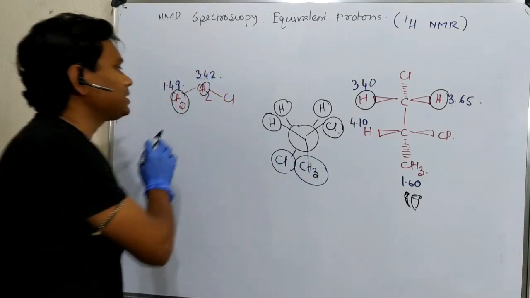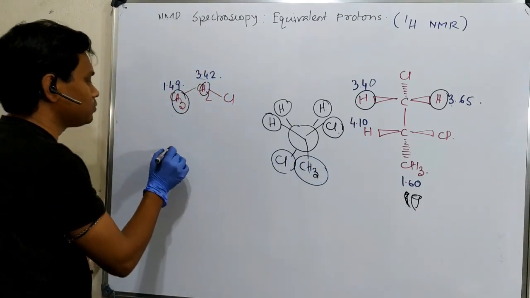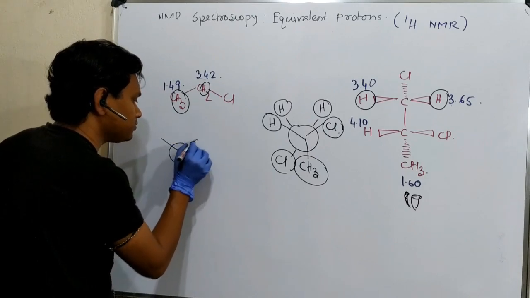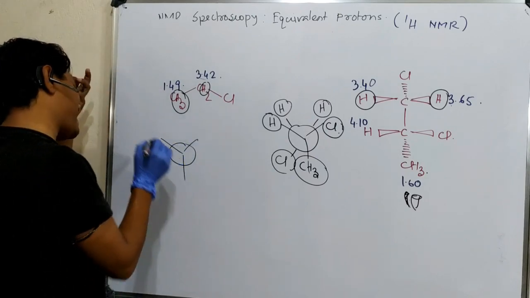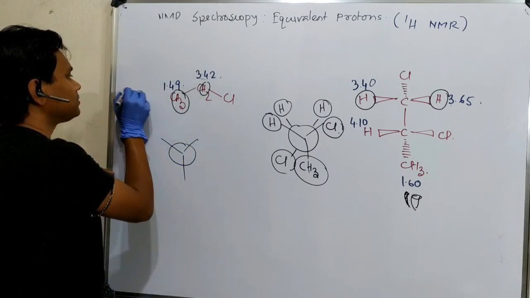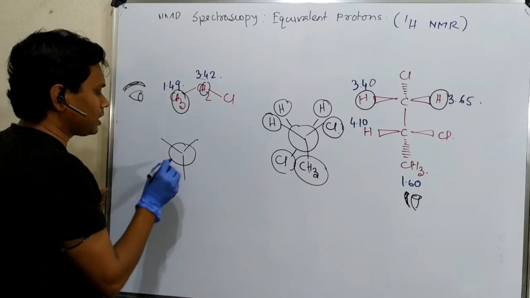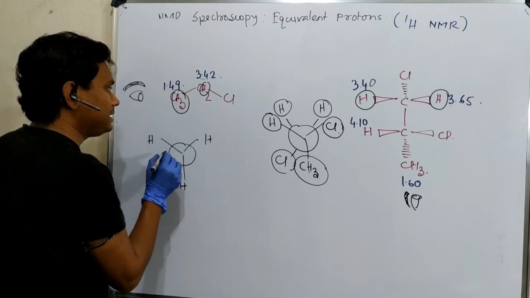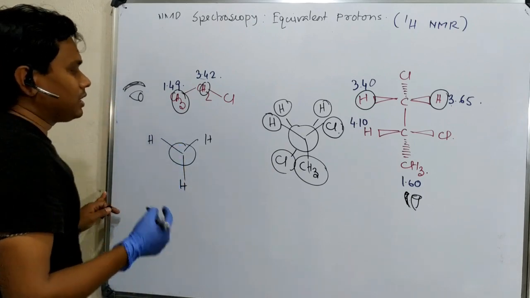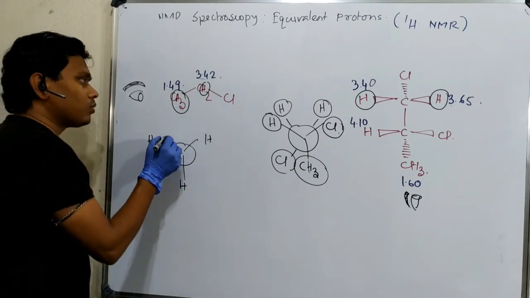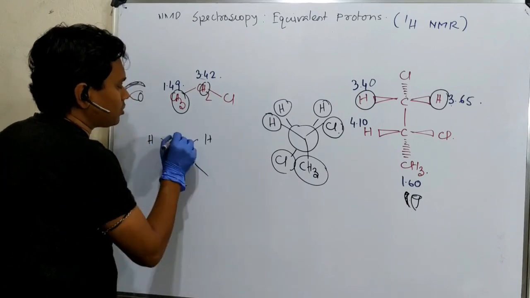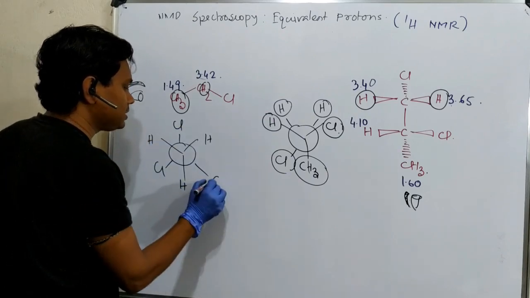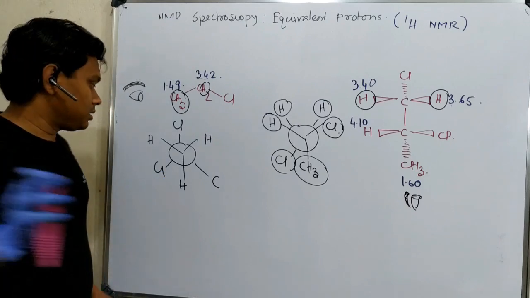Now the question: why not in the case of this? Let's draw this molecule. If I draw this molecule, I am looking at it from this side. So these three are hydrogens, and in this case, let's draw it in this way. Cl, sorry, not Cl.